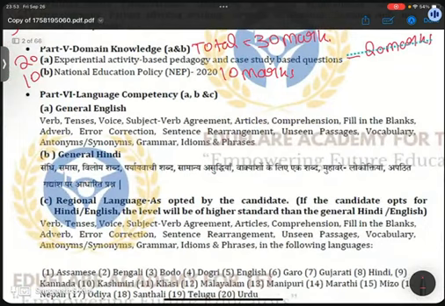Next we have part 6. Here there is a little difference from our PGT syllabus. We already saw that in the PGT syllabus there is general English and Hindi, but there are no regional languages. But in the case of the TGT exam we also have a regional language area.